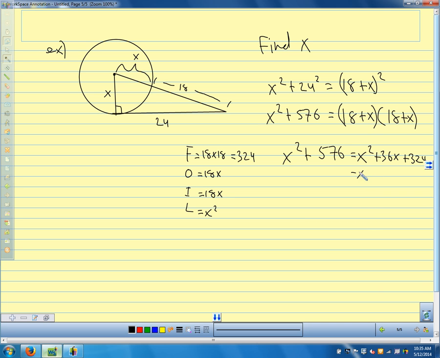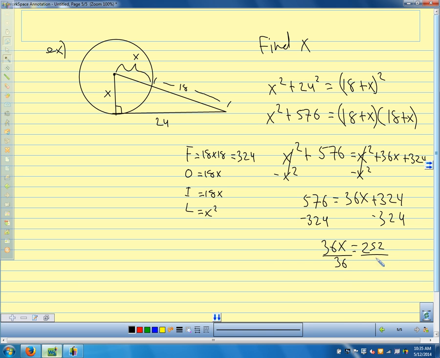I can subtract x squared from both sides. Those go away, and I get 576 equals 36x plus 324. This is easy now. Subtract 324. I'm going to turn this around: 36x equals 576 minus 324, which gives me 252.